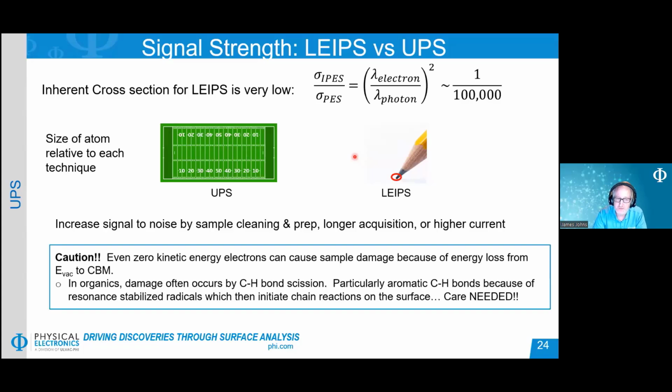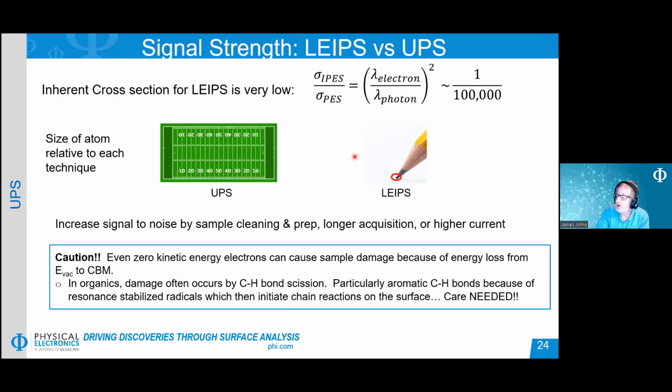But there's a caveat. Even though LIPS is designed to minimize sample damage, you can still have a very low rate of sample damage for some systems with zero kinetic energy electrons because of the energy that gets released when the electron goes from the vacuum level to the conduction band minimum, right? It needs to release that energy.